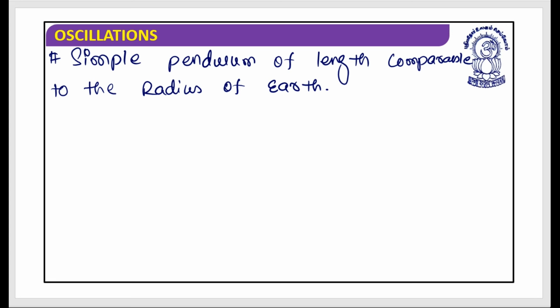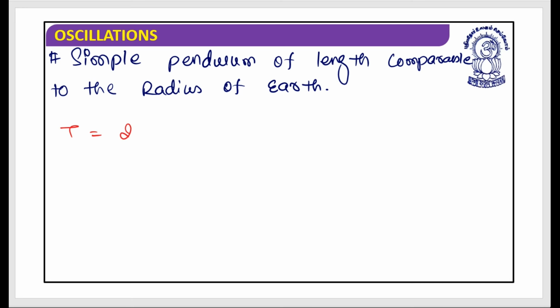So if the length of the pendulum is very high, and that is comparable to the radius of the Earth, this is what we call simple pendulums having very large lengths. We need to find out the time period.